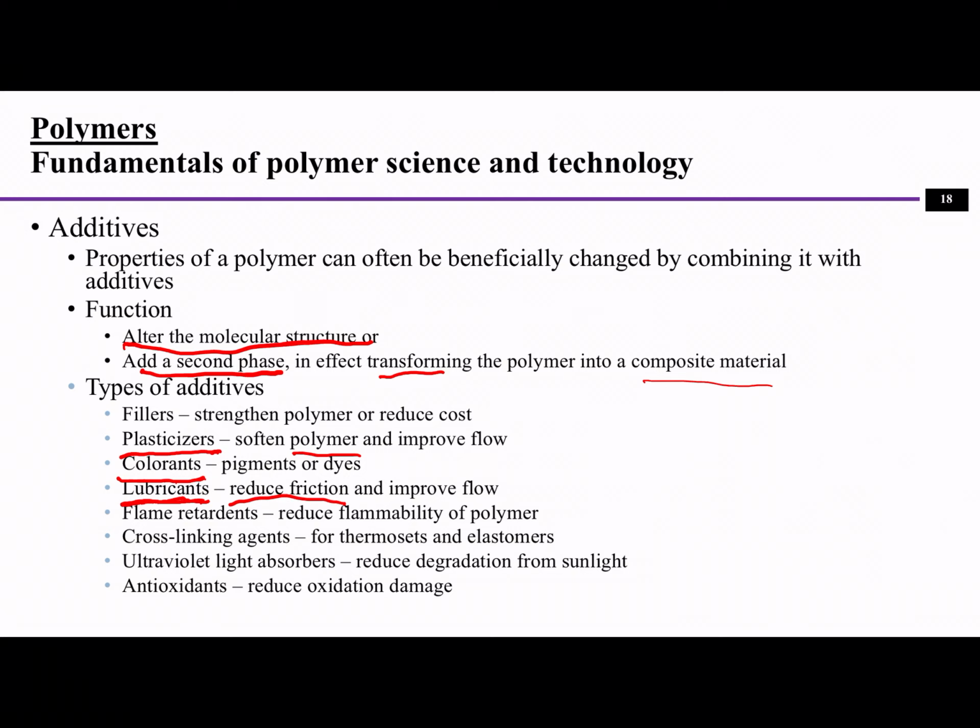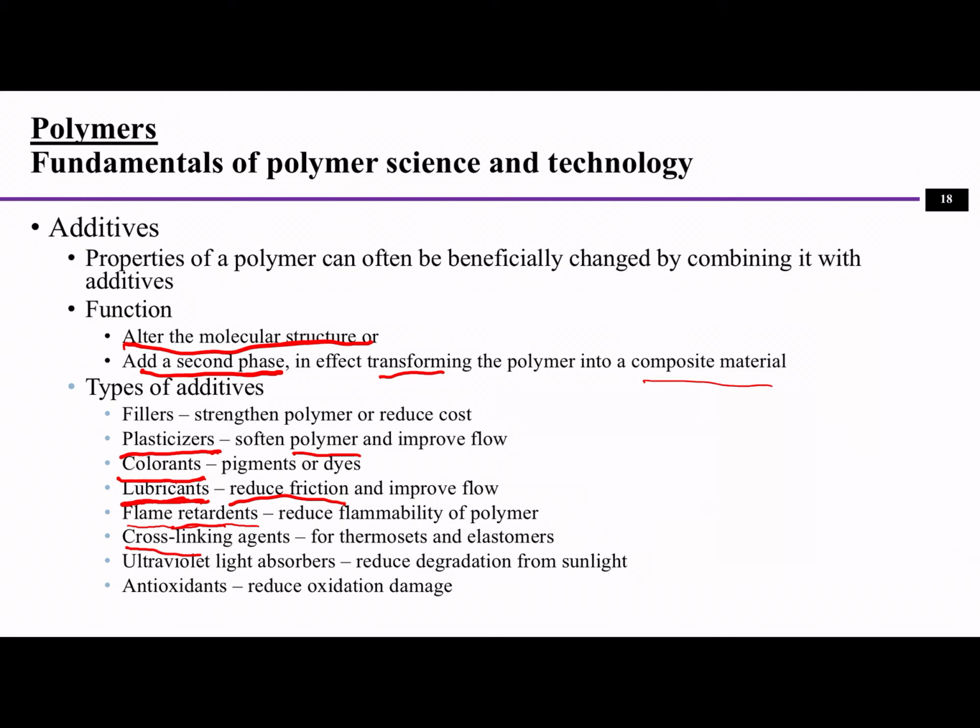For example, you can use this for polymers that are making bearings, because when you are using bearings, we want to reduce the friction, so there's less energy waste. Also, you can add additives to have flame retardants.